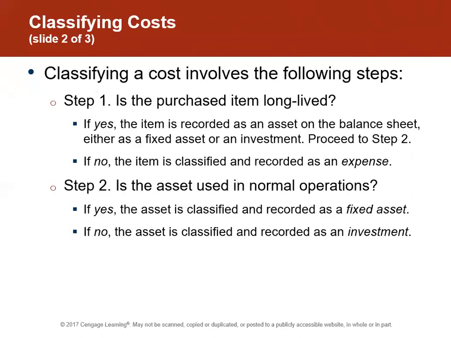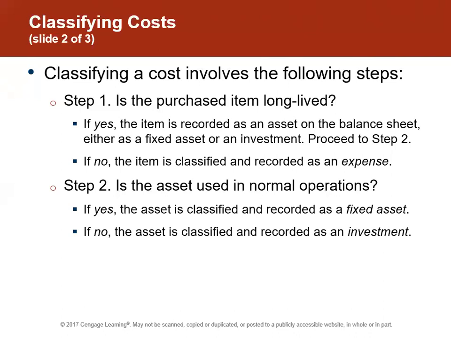What are we purchasing? Well, if it's long-lived, so then it's a long-term asset, then it needs to be recorded as a long-term asset. So it's either a fixed asset, land, equipment, vehicles, that sort of thing, or an investment, okay?